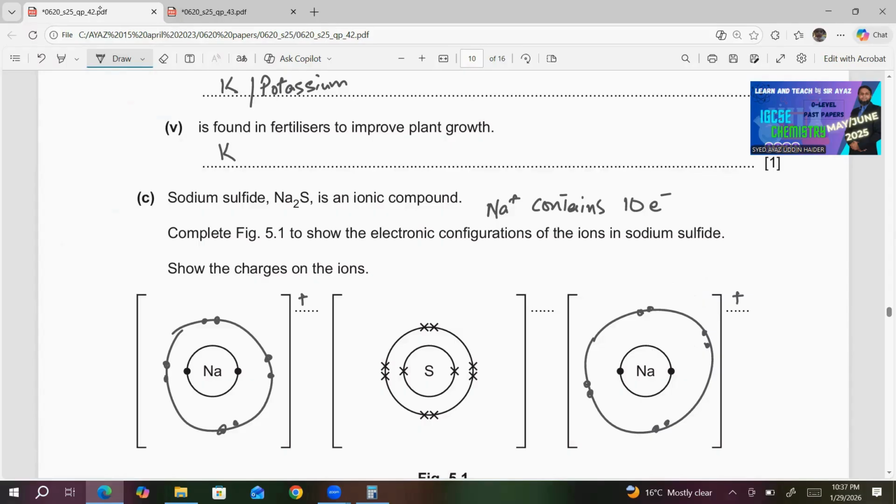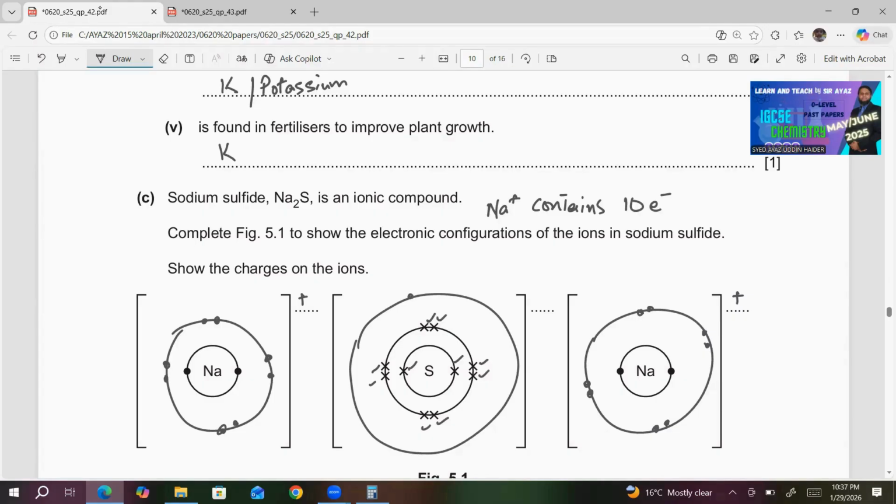So now it has 18 electrons. They have already shown the 10 electrons. You can see 1, 2, 3, 4, 5, 6, 7, 8, 9, 10. We need to show 8 more electrons. Remember, 2 electrons are coming from sodium atoms. So we need to show using dots. So first of all, I'm going to show the electrons coming from sodium.